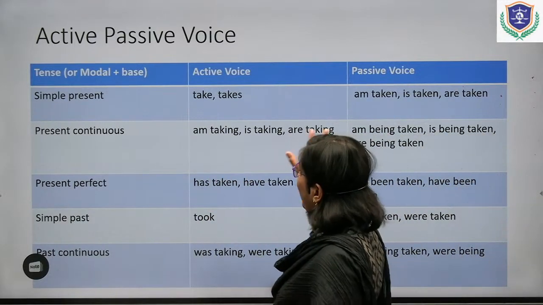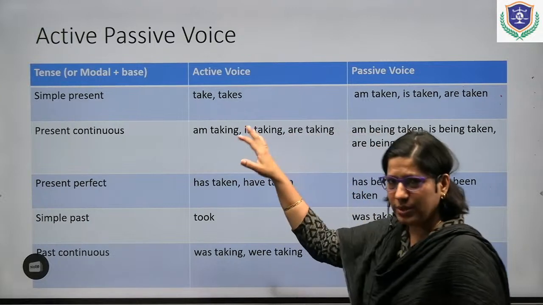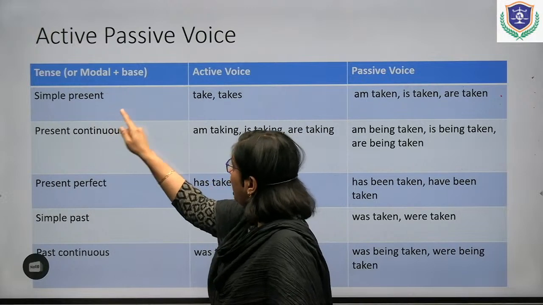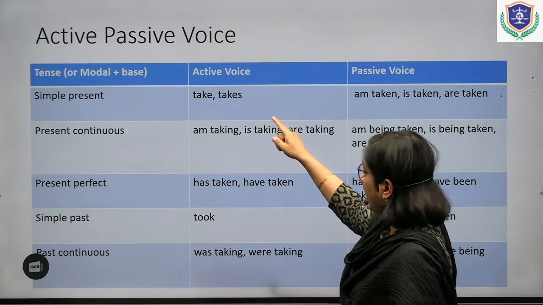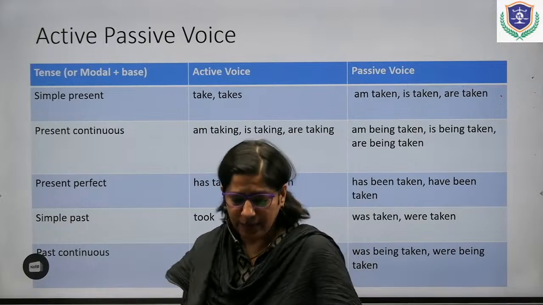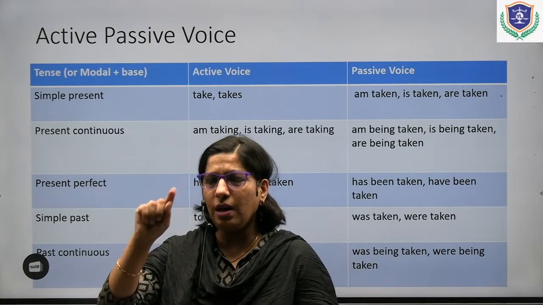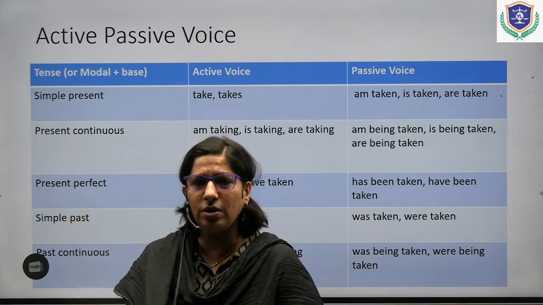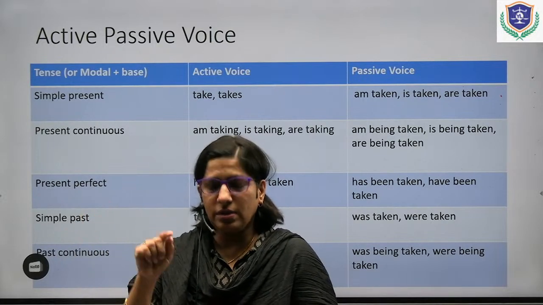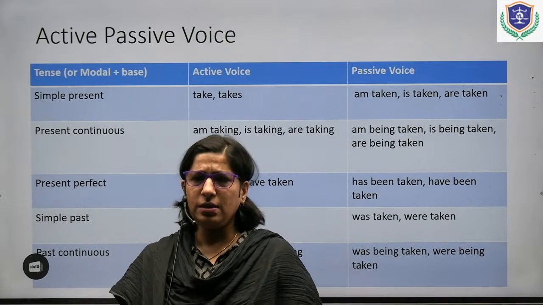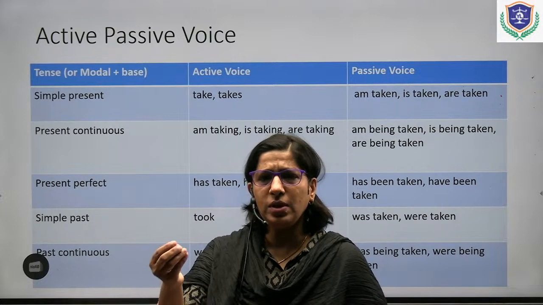Now this is active passive voice. Of course, I had shown you this yesterday, but it was not clear. Under simple present tense, when we have take or takes, you know what the difference is, right? Single subject, like Rahul leaves for the class, or Rahul and Shyam leave for the class.